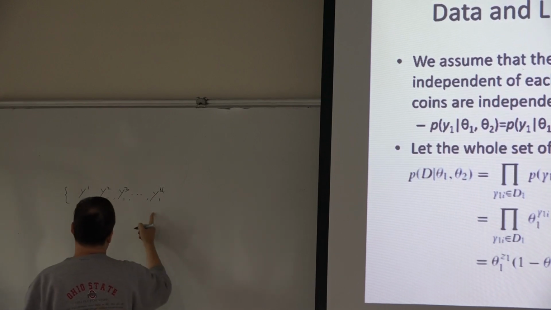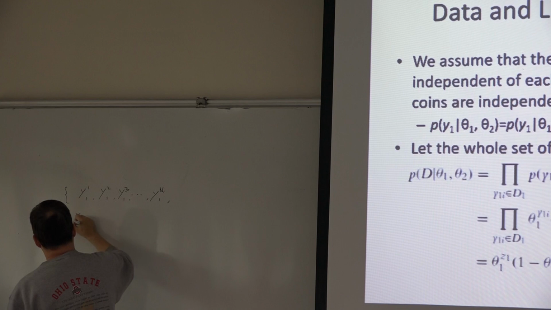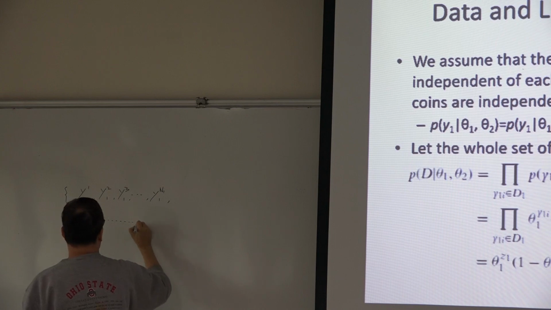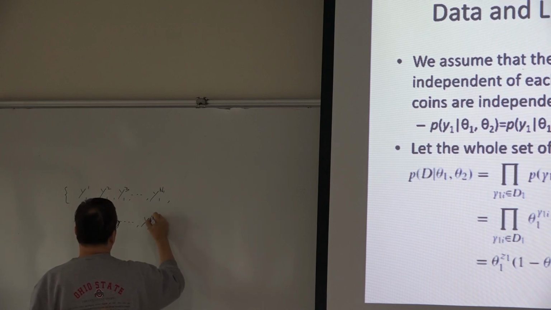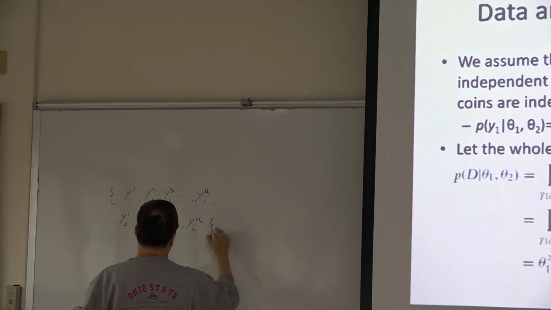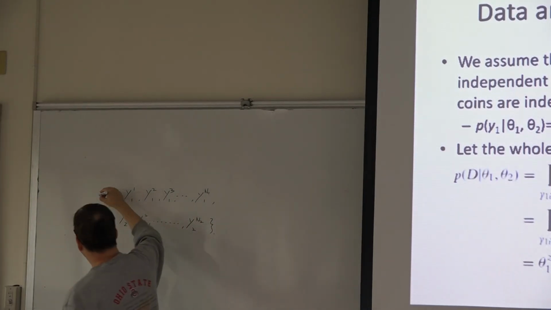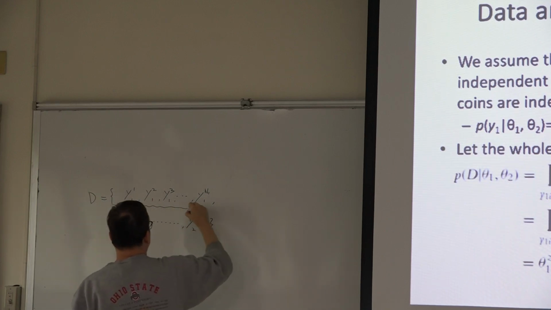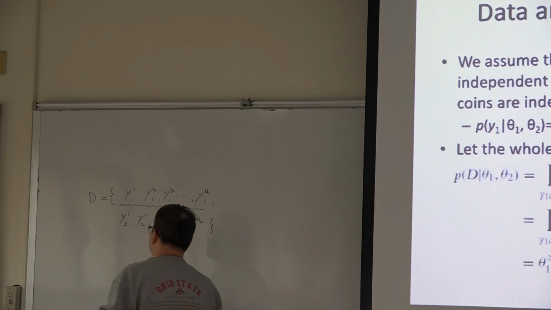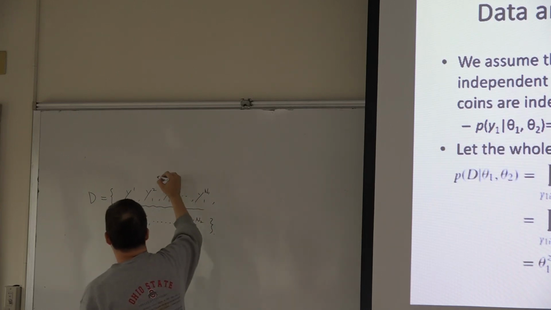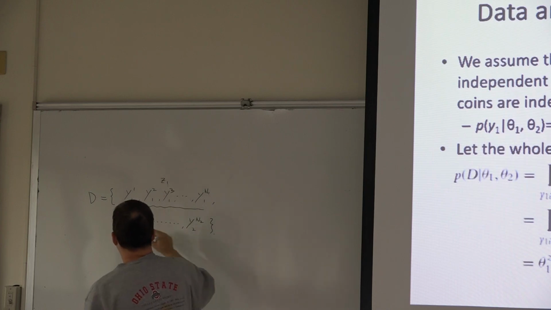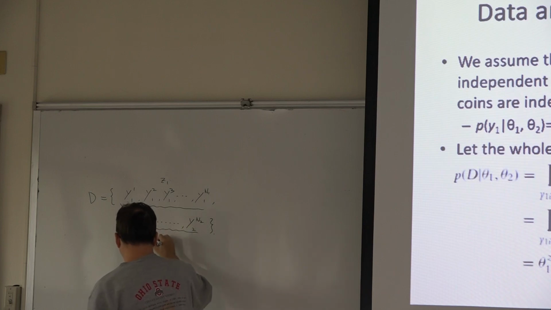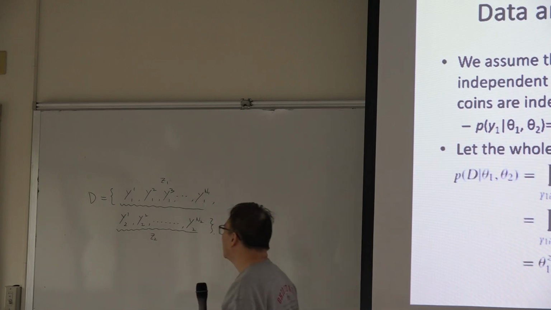So for the first coin, that's the result. And for the second coin, y2,1, y2,2, up to y2,n2. That's our D. In this set of outcomes, we happen to have Z1 heads, and in these outcomes, we happen to have Z2 heads.